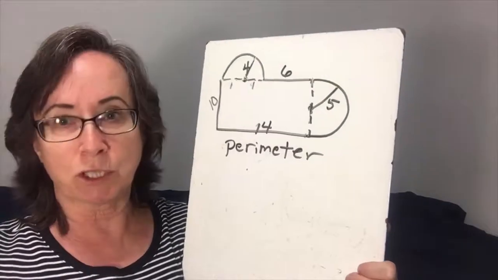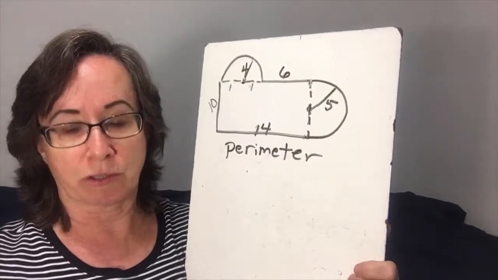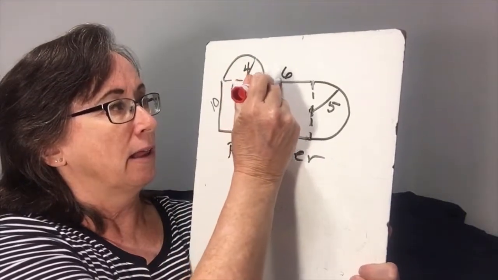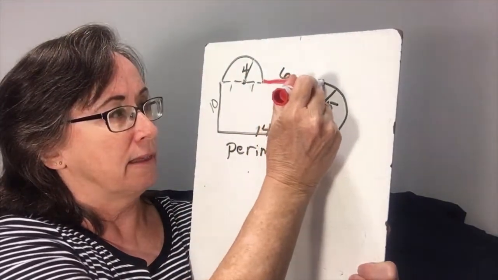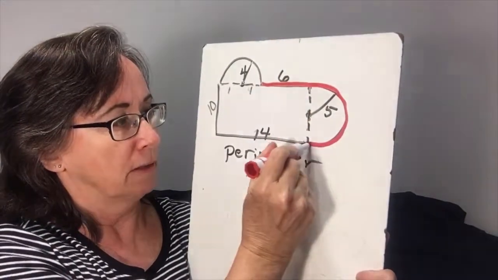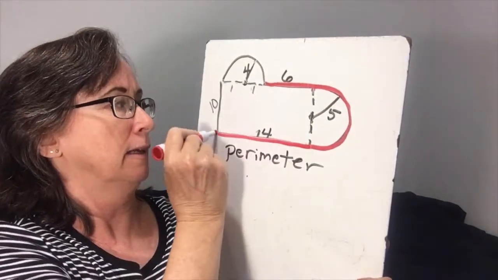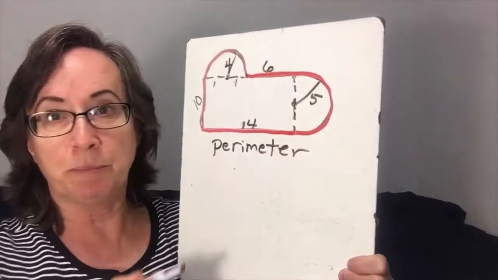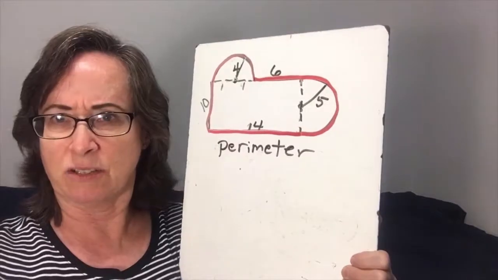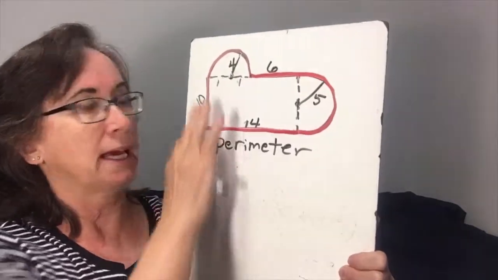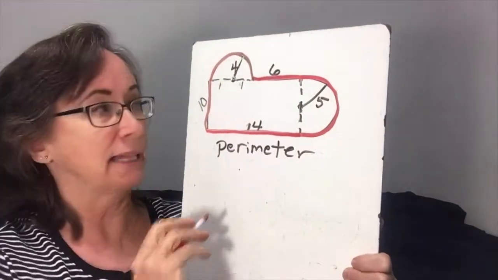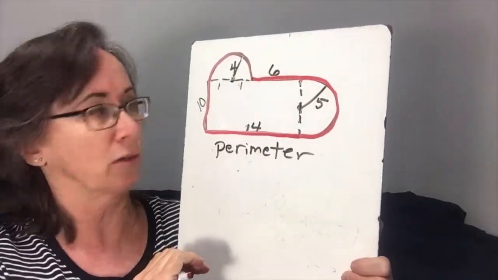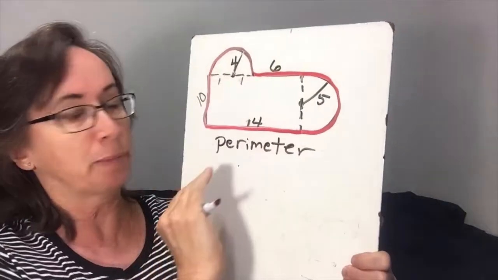Okay, so what we're trying to do for our circumference is we're trying to add this line, this curve, this line, this line, this curve, and that would be the perimeter. Did I say circumference? Perimeter, because it's the distance around. It's got some semicircles, but it's the distance around a figure that's not a circle. So we would call the whole thing the perimeter.